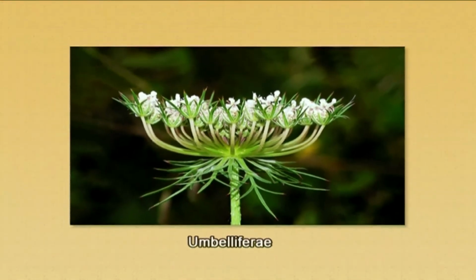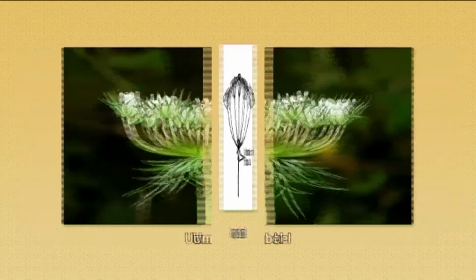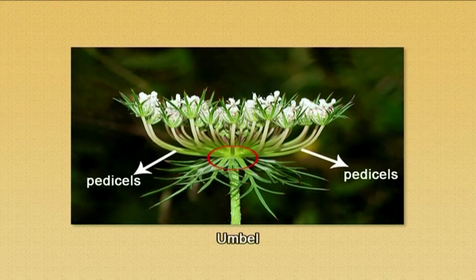However, at the same time, Umbelliferae, that is the previous name, was also retained as family name due to its wide usage. This previous name, Umbelliferae, is basically derived from its inflorescence, which is generally in the form of a compound umbel. What is this umbel? The term umbel refers to the flat-topped or convex inflorescence with pedicels that are attached at one point.